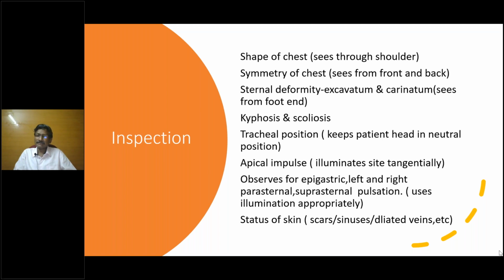Now think. Don't be in a hurry to give the answer. Roshni has mentioned more than 75% narrowing only causes symptoms. Very good. So the valve has to become very narrow, around 1 centimeter or 0.7 centimeter, for it to really cause symptoms, because the left ventricle usually compensates for any amount of narrowing in healthy individuals.